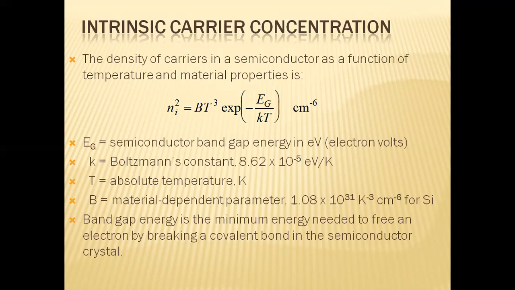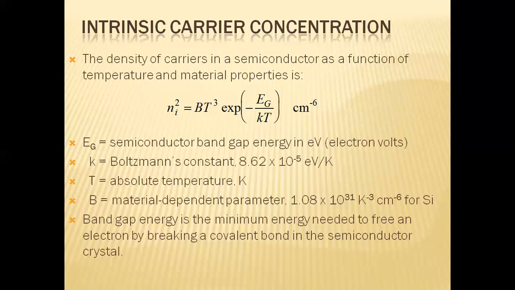This will be identified with respect to the formula ni squared is equal to B T cubed exp(-Eg/kT) per centimeter to the power of minus 6. Where Eg is the semiconductor band gap energy in electron volts, k is the Boltzmann constant, and the value of this Boltzmann constant is 8.62 x 10^-5 electron volts per Kelvin.